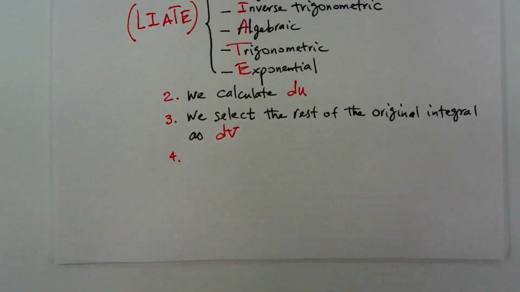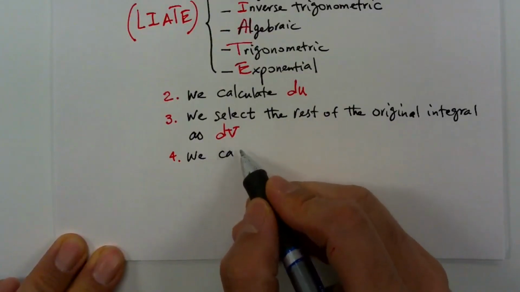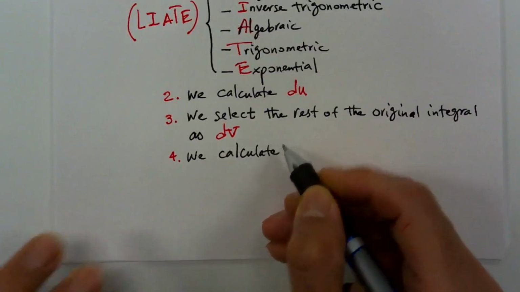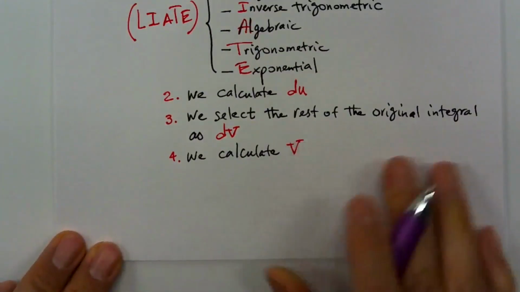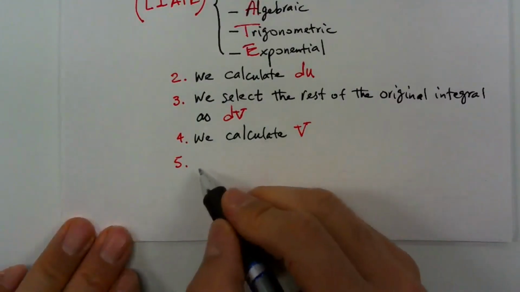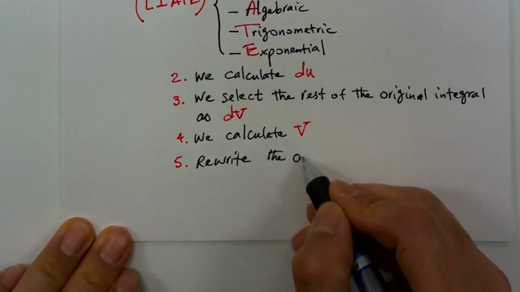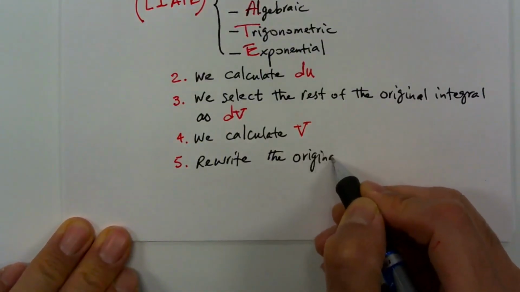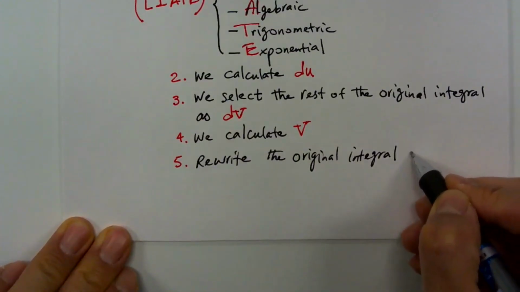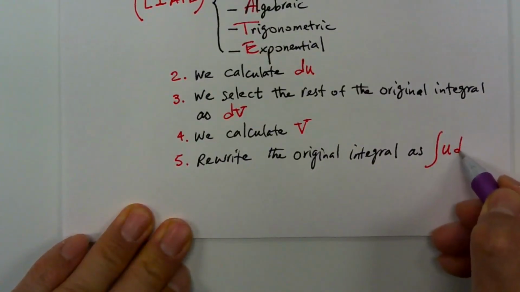The fourth step, we calculate the antiderivative of dv, which would be v. So we calculate v. Fifth step, we rewrite the original integral as the integral of u dv.